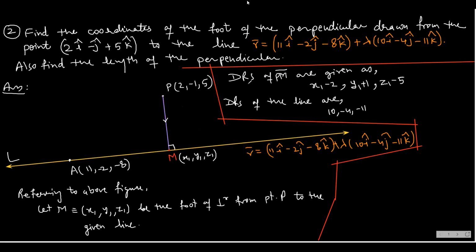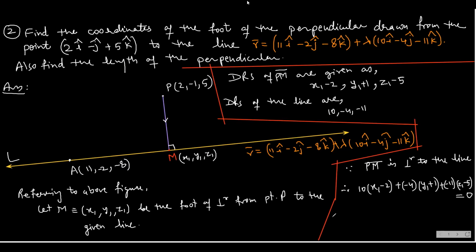So I got the DRs of PM bar and I got the DRs of the line. I will write, since PM bar is perpendicular to the line, therefore 10 into (x1 minus 2) plus minus 4 into (y1 plus 1) plus minus 11 into (z1 minus 5) equals 0.